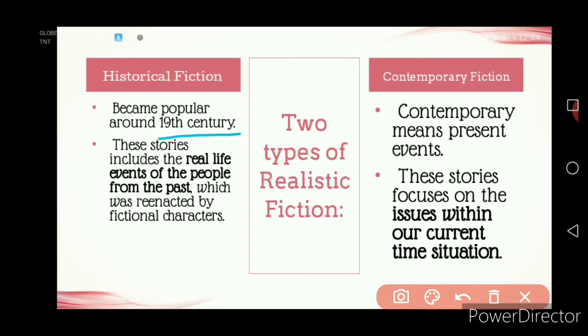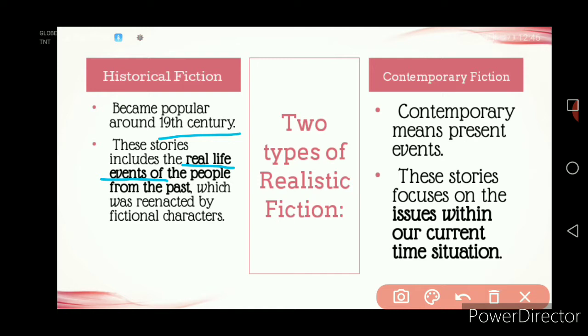Historical fiction stories present the real-life events of the people from the past, which were reenacted by fictional characters, and authors of this genre rely on accurate detail to portray historical events. And to make it more creative, they commonly use fictitious characters.